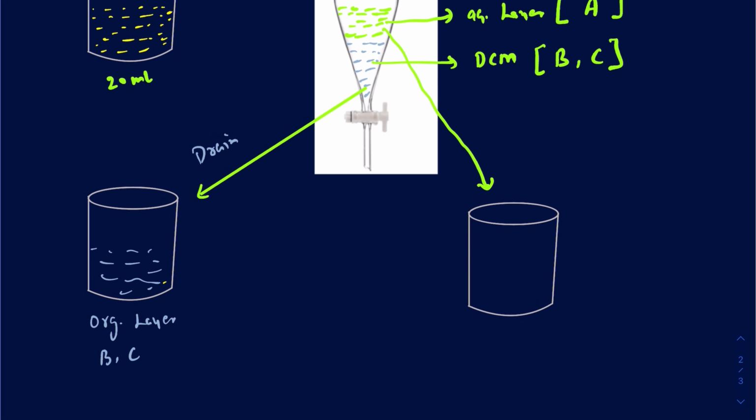That is your aqueous layer, and that is going to be fairly basic, obviously, and that's why I'm showing that with the green color here. That's going to contain the conjugate base of benzoic acid, so that's going to be the A minus, dissolved in that aqueous layer. The B and C wouldn't dissolve in the aqueous layer, so they would stay in the organic layer.